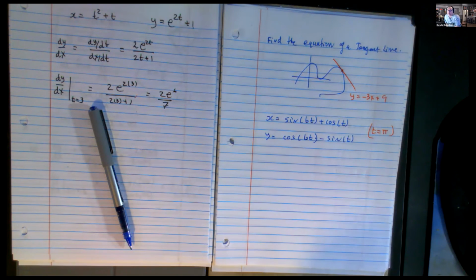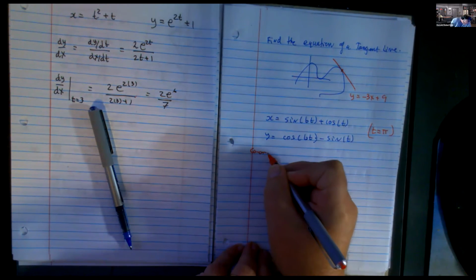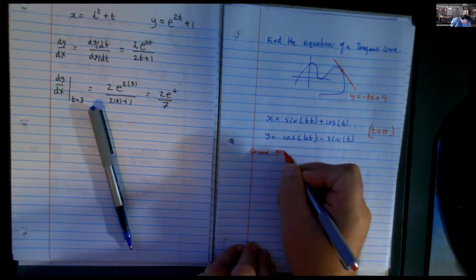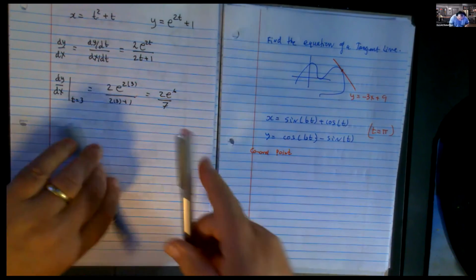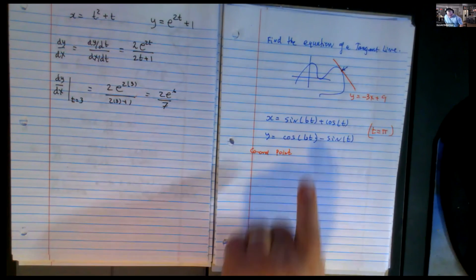Okay. If you want to find the equation of a line, don't you need to know the point on the line? And don't you need to know the slope of that line? Okay, let's get the point, the coordinates of the point. How will I find the coordinates of, let's say it's that point there, using this and that?